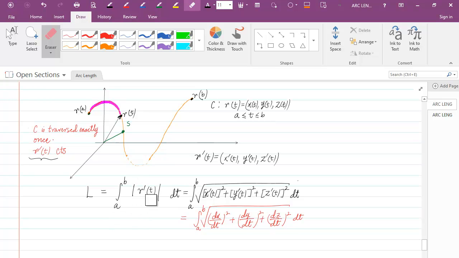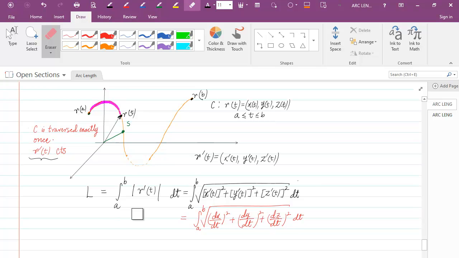And notice that the speed function, the length of r prime of t, is equal to the square root of x prime of t squared plus y prime of t squared plus z prime of t squared. You can recall from the previous video that this is the formula for the length that we obtained.